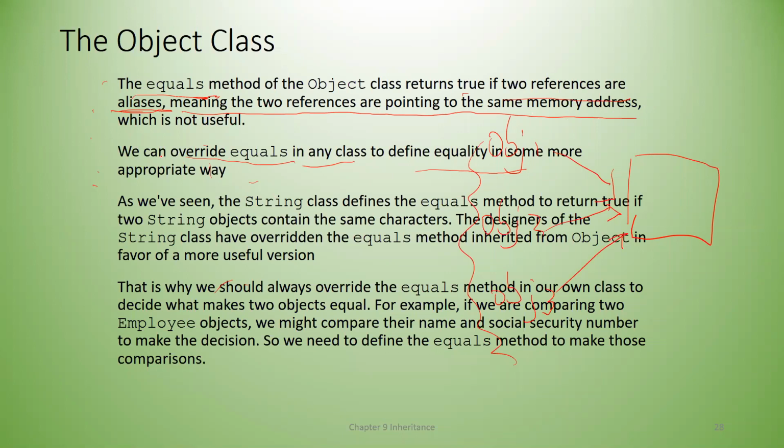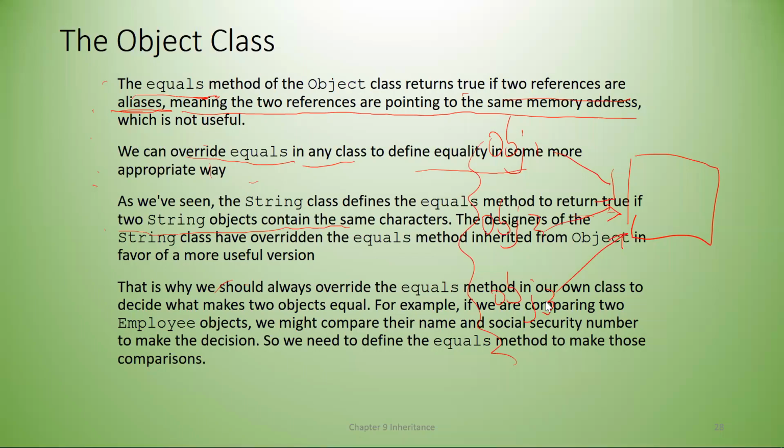So let's see. As we've seen, the String class defines the equals method to return true if two string objects contain the same characters. So when you test two strings, if you use the double equal sign, you are testing the addresses, right?